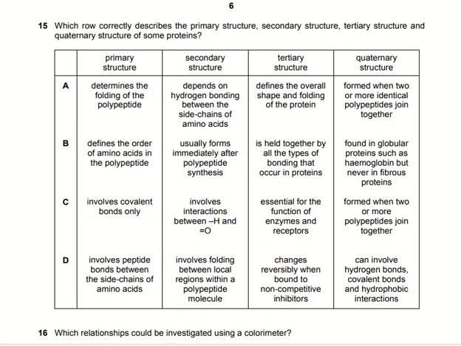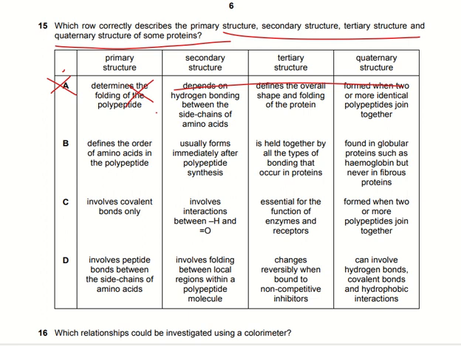Which row correctly describes the primary structure, secondary structure, tertiary structure, and the quaternary structure of some proteins? So we have to read all the options and find the right answer here. Primary structure determines the folding of the polypeptide. No, it does not determine. So there is no need to read the other options, because one option is wrong, so it rules out the whole option A. So let's move towards the others.